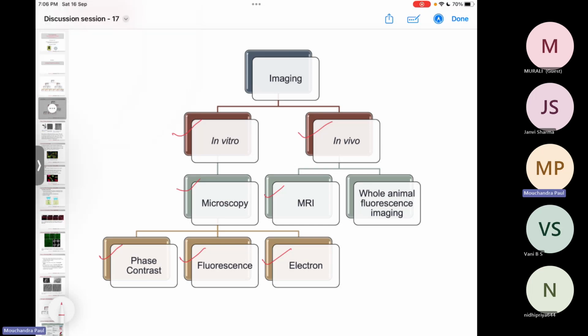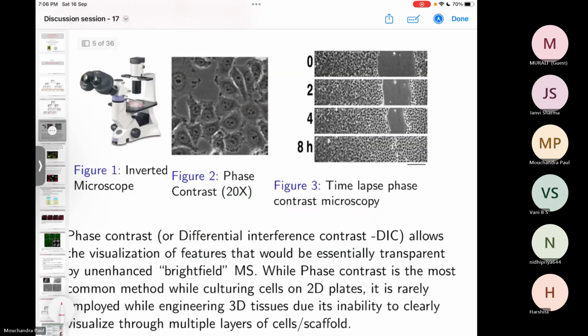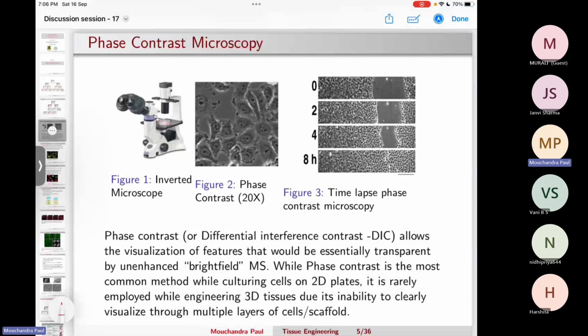So first, let's look into the microscopic techniques that will help you understand your cell or tissue properties in vitro, meaning at the lab scale. The first is phase contrast microscopy. It is also called DIC, differential interference contrast.